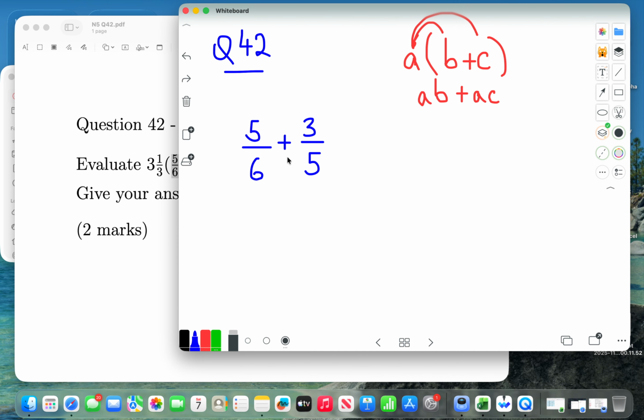So you need to make equivalent fractions with the denominators being 30, because if you add fractions, the denominators have to be made the same.